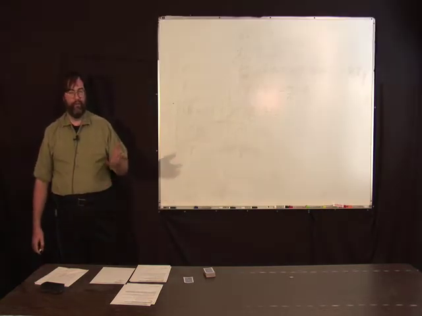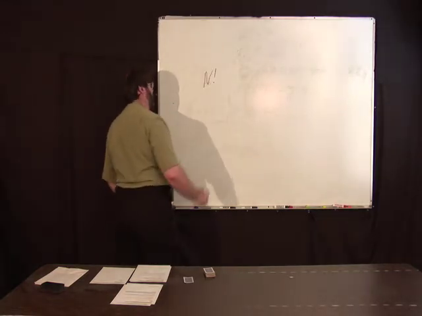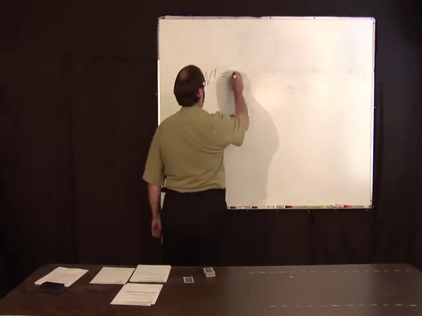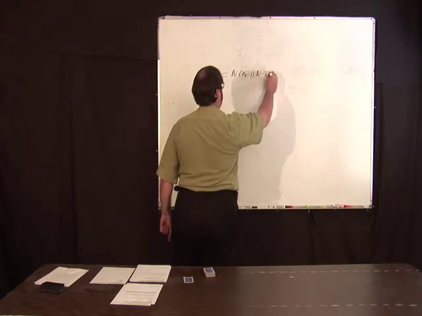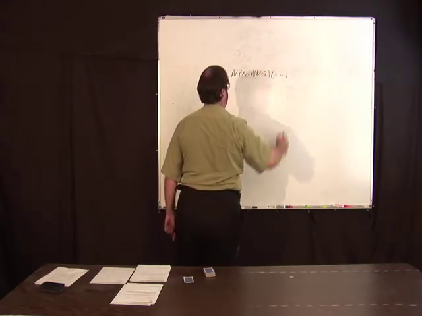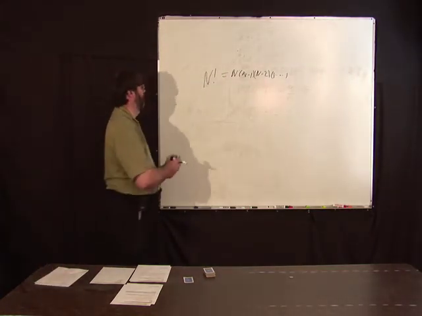And it has some terms like this. Well, that's read n factorial. What this means is n times n minus 1 times n minus 2 times ... to 1. Okay.